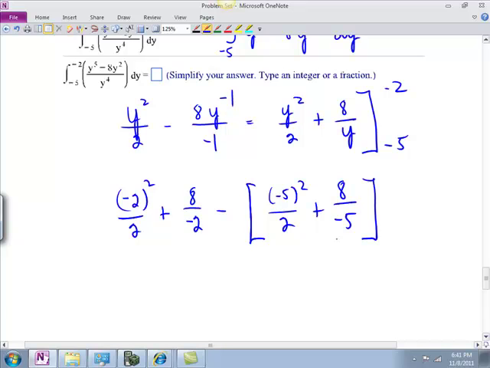I lots of times put that last part in brackets so that I know I've got to subtract everything inside there, and it will save you on signs. It will save you some error somewhere down the line, usually.